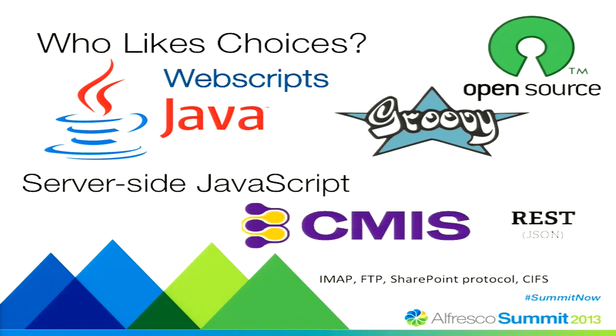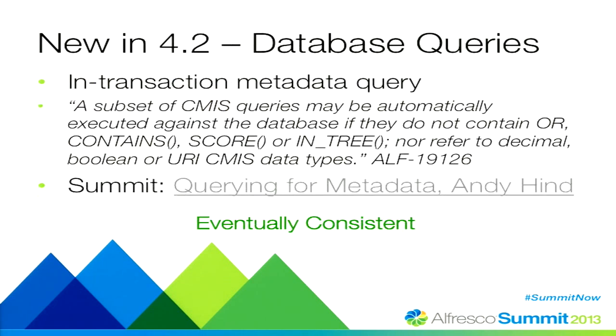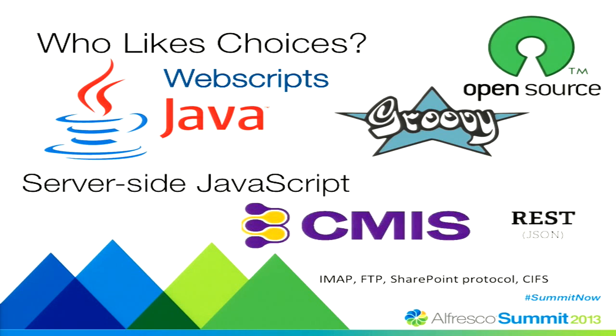We can use, obviously, the REST API that we're going to talk more about. We've got IMAP and FTP emulation. So there are a lot of different choices out there that you can use to build out your solution. And it takes some thought. It takes some time to, again, understand that high-level architecture and evaluate these different choices and figure out what's going to be best for your solution.